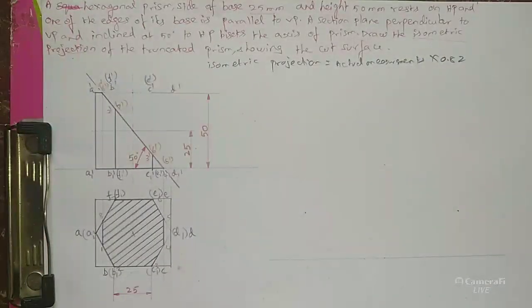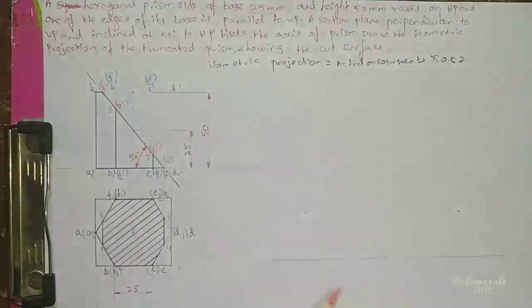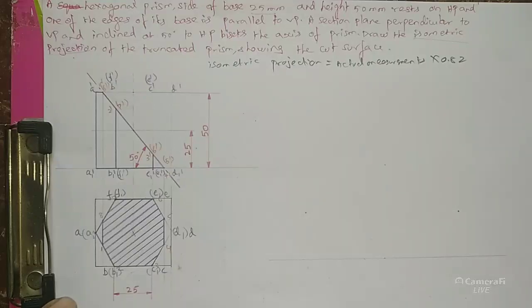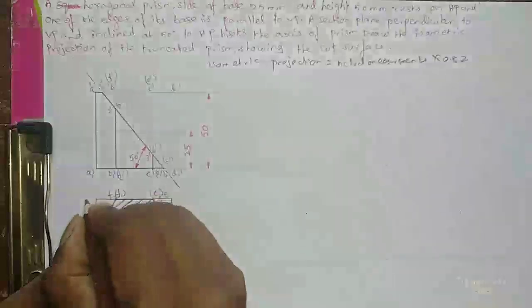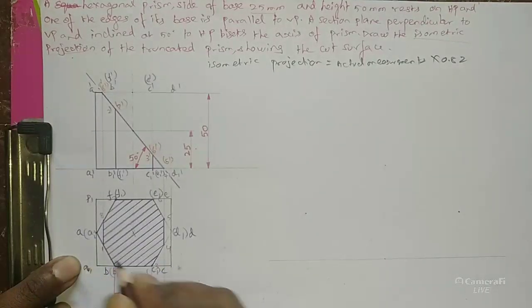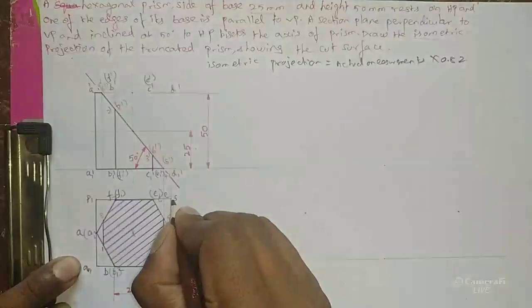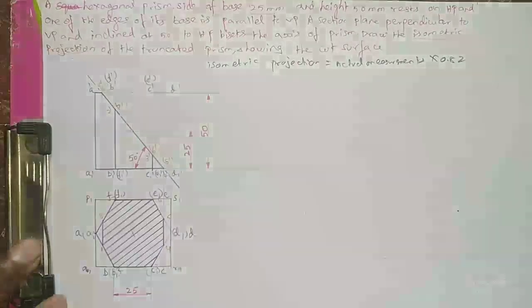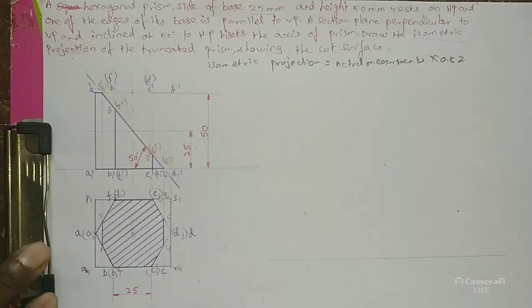Now we have to name the points in the box. Let us mark the points as P1, Q1, R1, S1. P1, Q1, R1, S1 represent the base surface of the box.